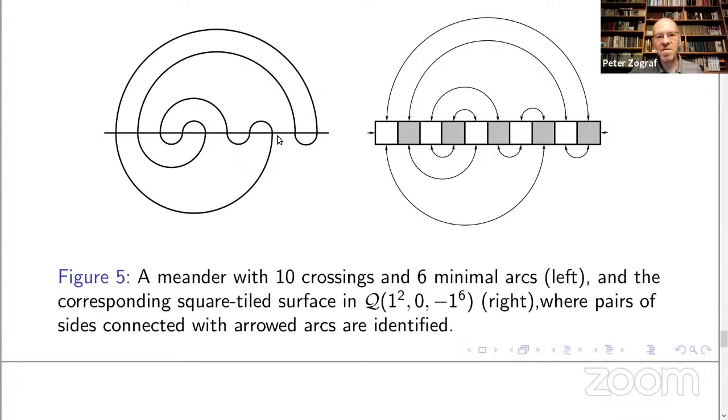A meander is a 4-regular graph. So what we have on the right is a dual graph to the meander, and the arcs with arrows show which pairs of sides are glued together.